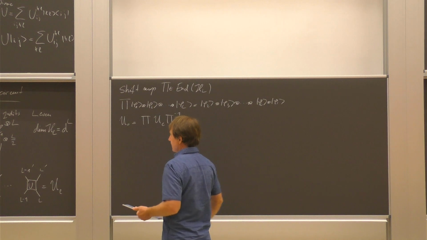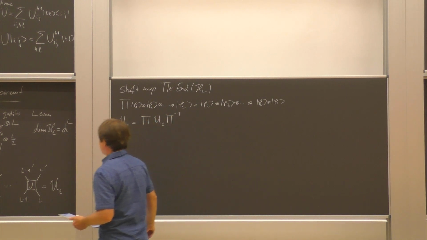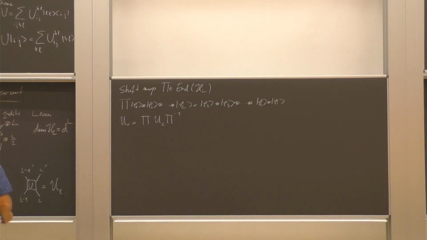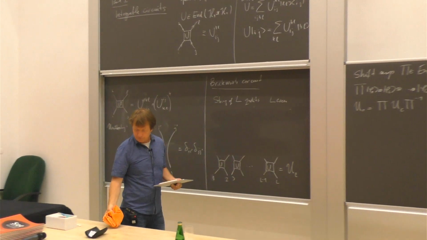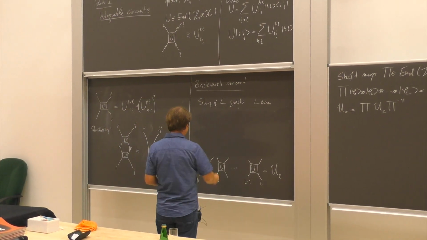So what happens now? If you allow me to make a little bit of erasure here, it would be much nicer for me to use the same picture. So let me just erase that for a moment to make space here. And now I will make a picture for U odd. What is U odd? Well, it's just shifted by 1, right?